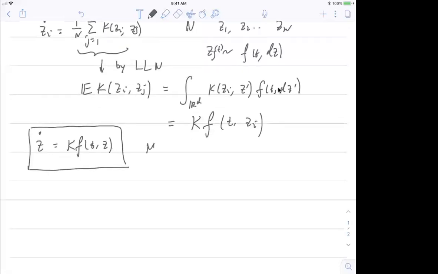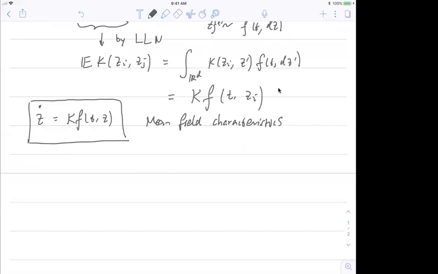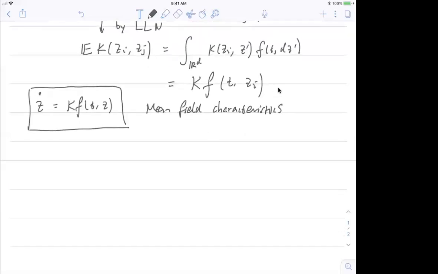This is called the mean field characteristics. What mean field characteristics actually is, is exactly the characteristic equation of the mean field PDE.